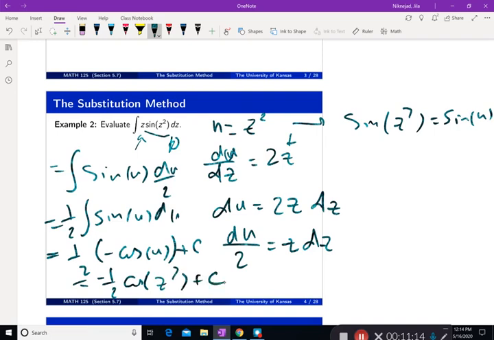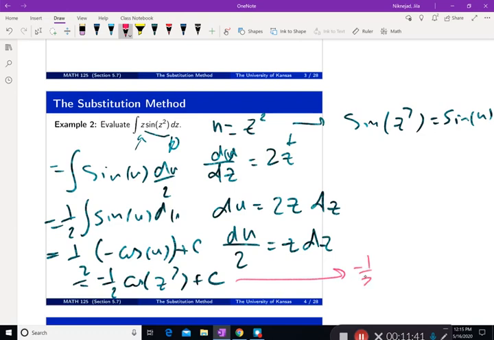And you can try to see if this is actually the antiderivative or not by taking the derivative, and listen to this part. As we discussed, this is reversing the chain rule. So if you start from your result and do a chain rule, you go back to the integrand. So let's see, if I take the derivative of this, what do I get?